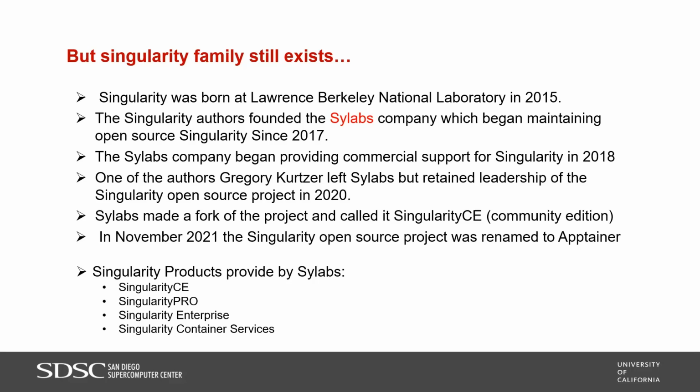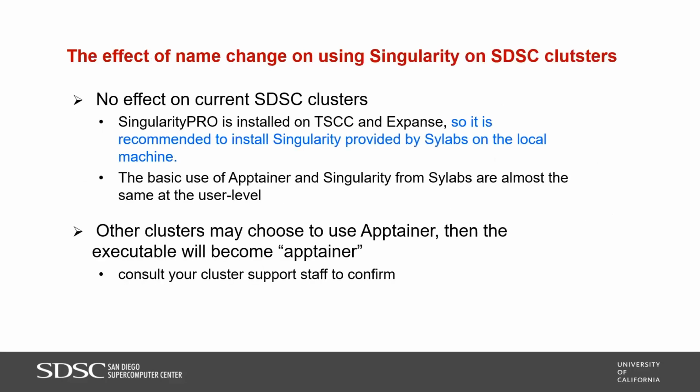This is some history. I am not going to teach history here, but just want you to know that even though the name has changed, there will be no effect on our current HPC clusters, including nothing changed on the TACC.